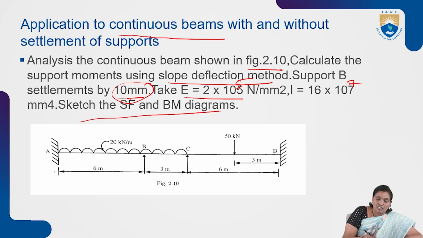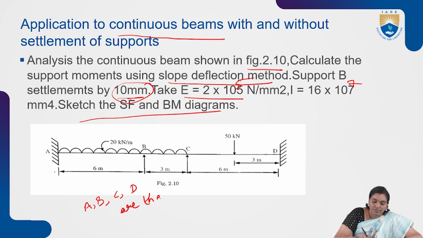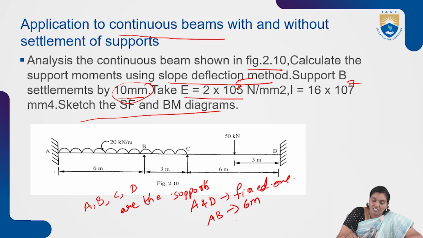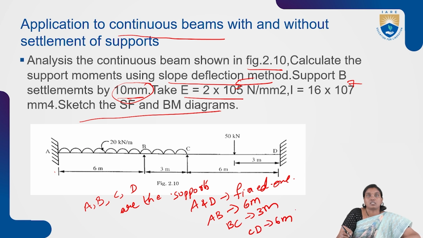A, B, C, D are the supports, and A and D are fixed supports. From A to B, the beam length is 6 meters. From B to C, it is 3 meters, and C to D is 6 meters.